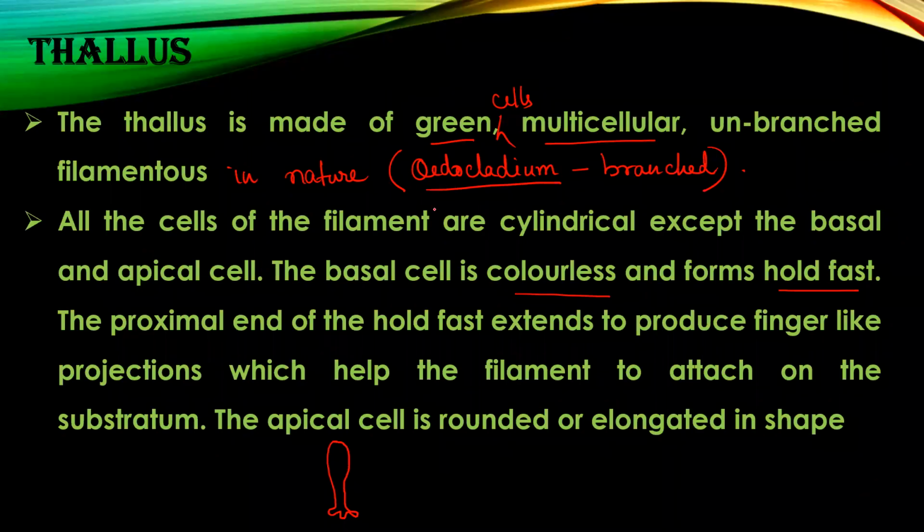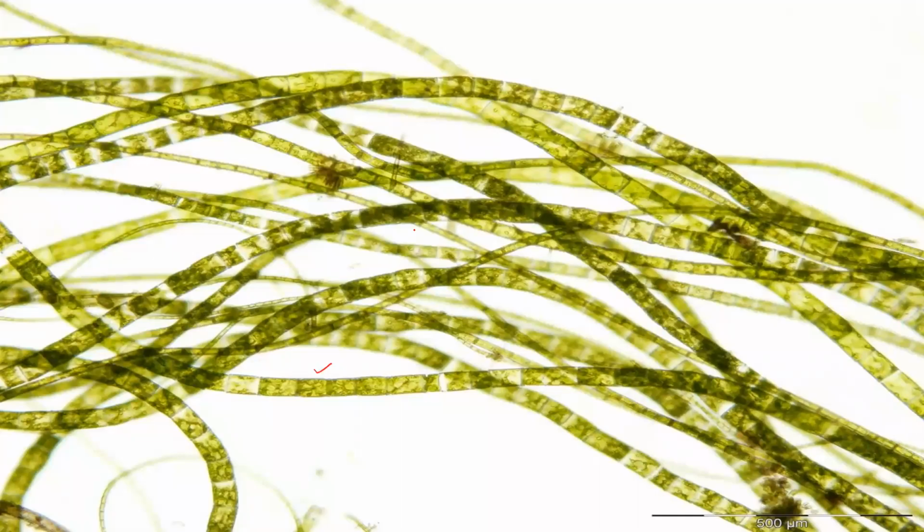Look at the first line: green, multicellular, unbranched, filamentous. All these are matching. You don't need to trust me just because I'm your teacher. No, science is based on evidence. We should match the text with the diagram, isn't it?